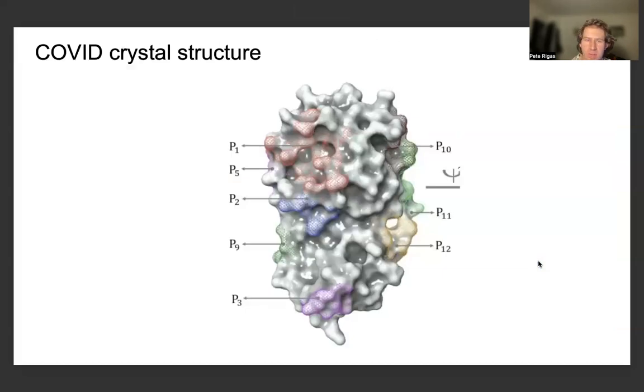And from the deep learning paper that we've been alluding to, the actual representation and very helpful visualization of the different protein binding pockets is demonstrated from one perspective of the SARS-CoV-2 crystal structure, and they annotate on the surface of the receptor of this protein the 10 or 12 possible binding pockets, with other ones located on the other side of the receptor.